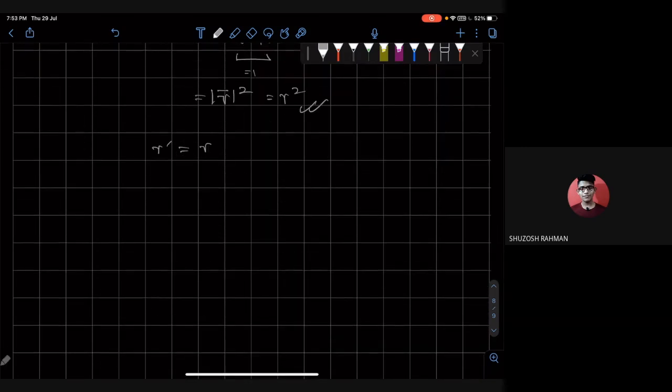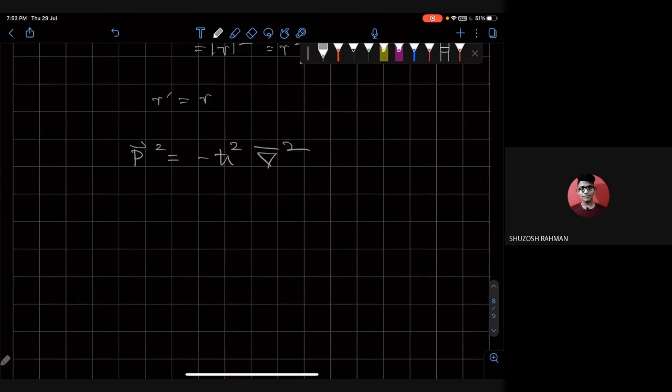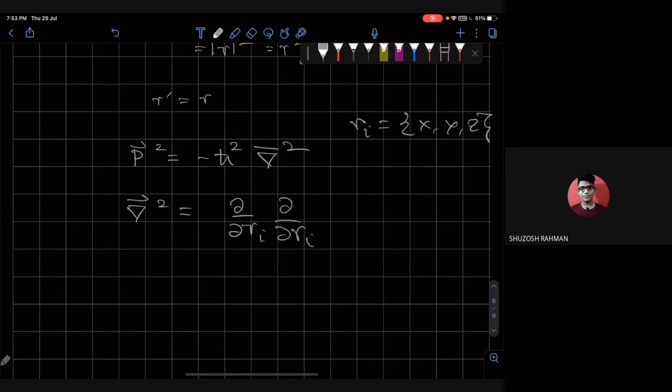So let's look at p squared. p squared is minus h bar squared del squared, right? So what is del squared? Well, del squared in Cartesian coordinates is del by del x_i, del by del x_i, where x_i is x, y, and z.